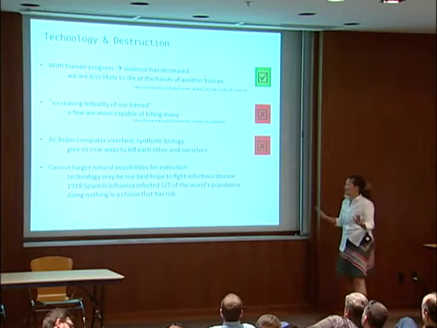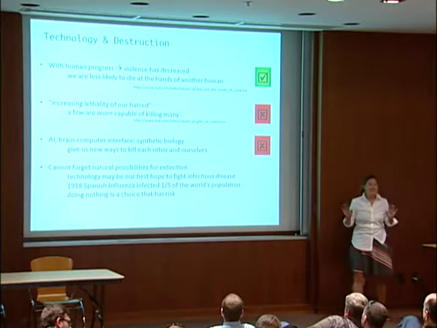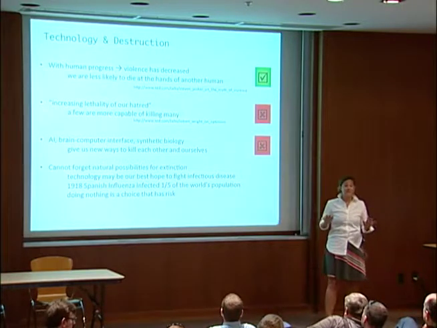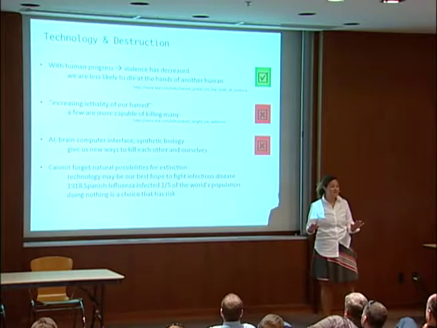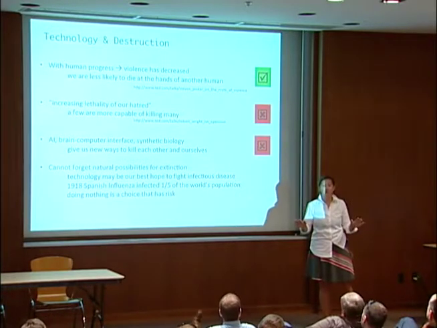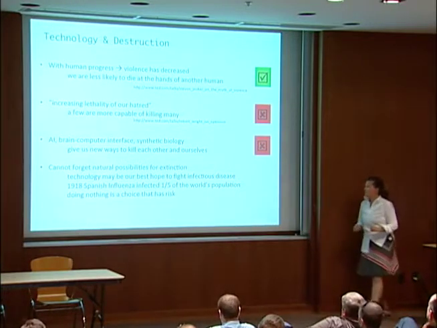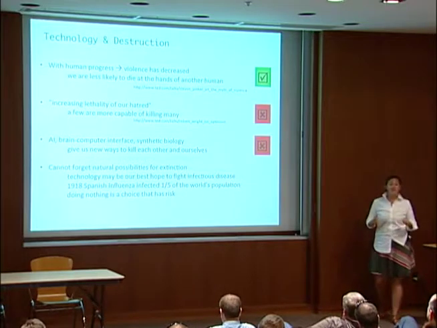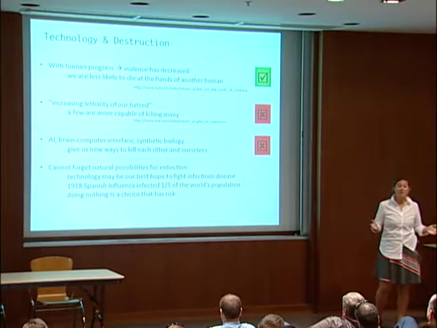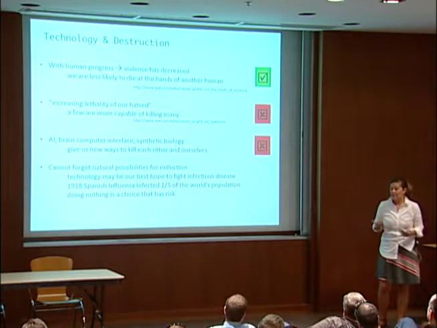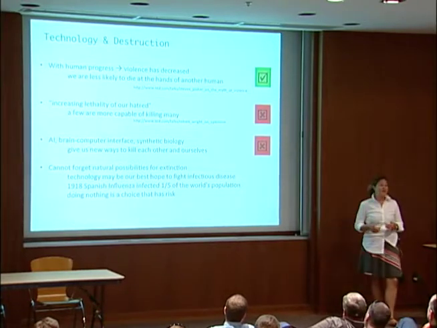Don't forget that the 1918 Spanish influenza infected one fifth of the world's population, 28% of Americans. It killed 20 to 40 million people, something like that. So some of these new technologies, synthetic biology, may be our best bet, and probably is, for the rapid production of vaccines, the kinds of things we need to fight infectious disease.